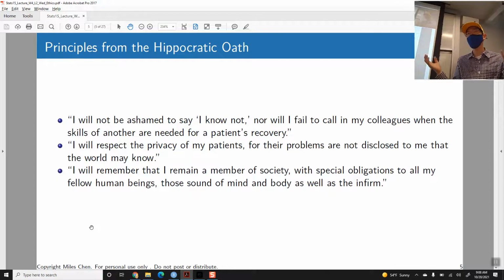Same thing with smoking. We're not allowed to force people to start smoking to see what effect it has on lung disease and things like that. And there's a lot of things like this where, because of ethical reasons, we cannot do certain experiments.